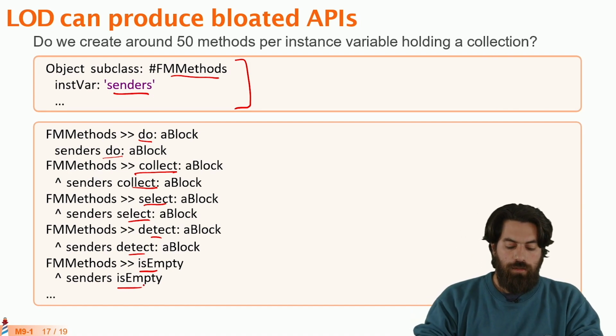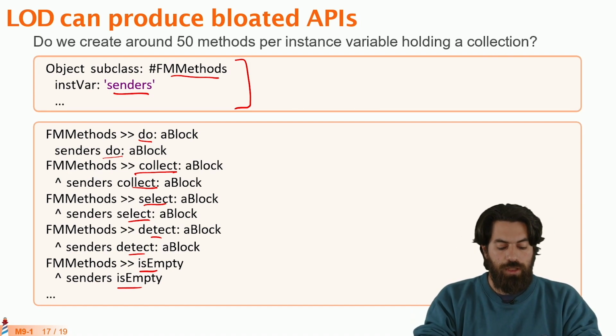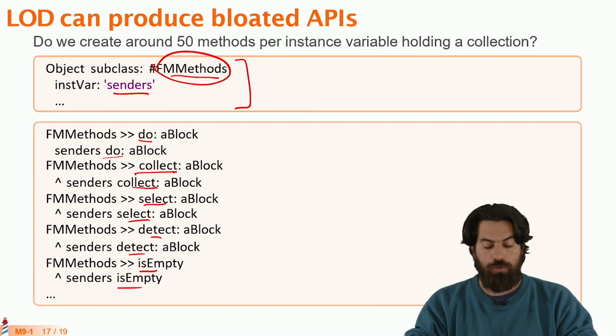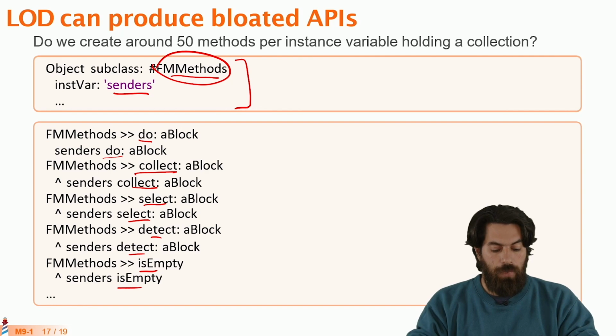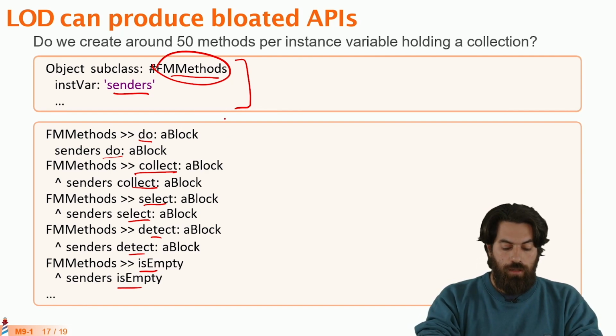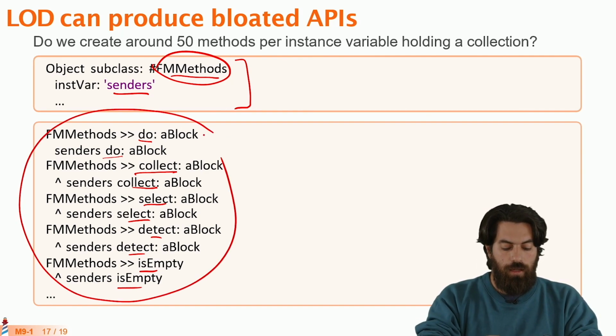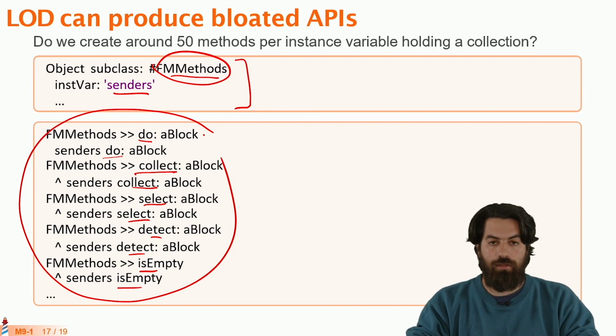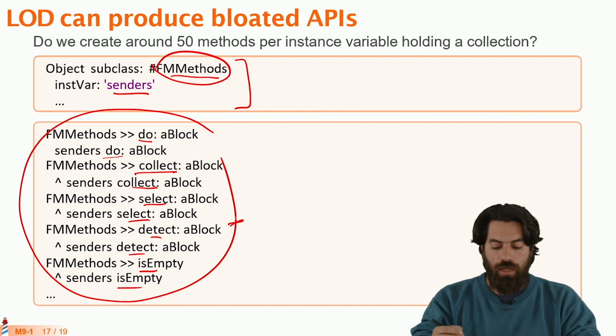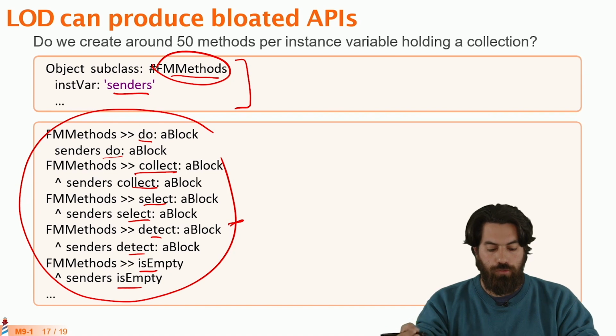So the bigger the API of collections, the bigger the API that needs to be exposed by this object. So in this sense, maybe hiding the actual collection was not the right decision in this case. And maybe it would have been easier to just expose the collection to the user.